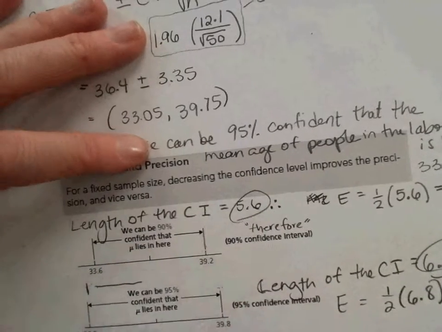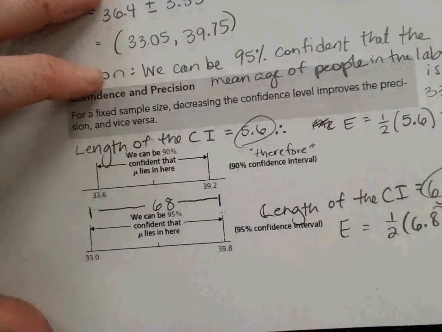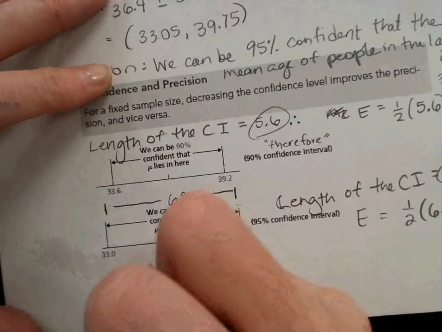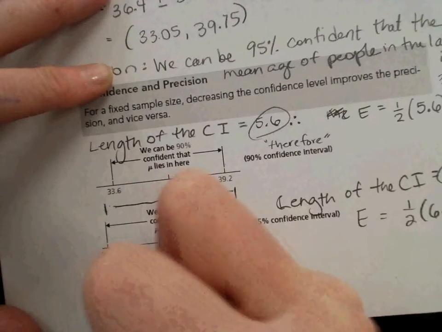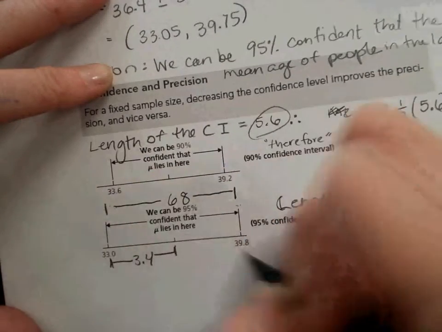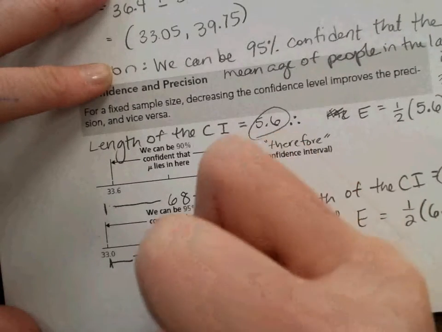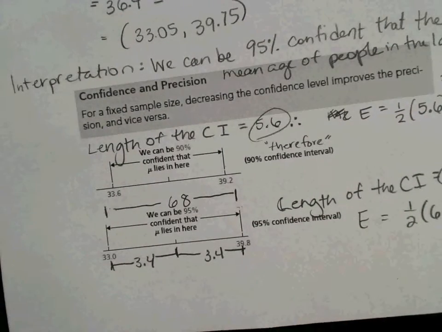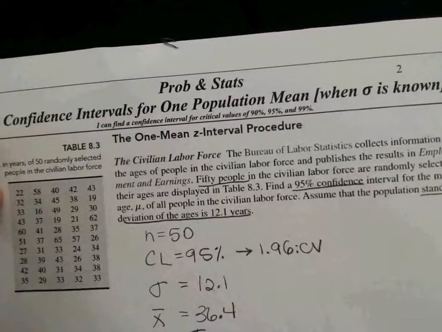So just for one example, we'll label that. 6.8 is the whole length of the entire confidence interval, and the margin of error, the 3.4, is half the length of the confidence interval. So each one of these sides is 3.4. And so that concludes our notes on confidence intervals for one population mean.